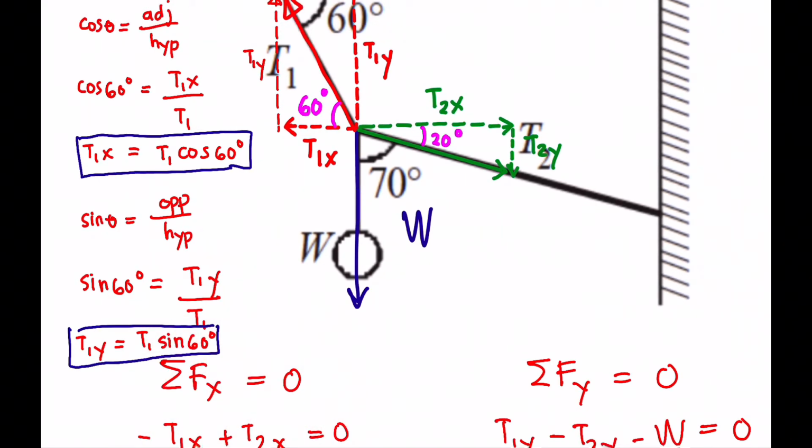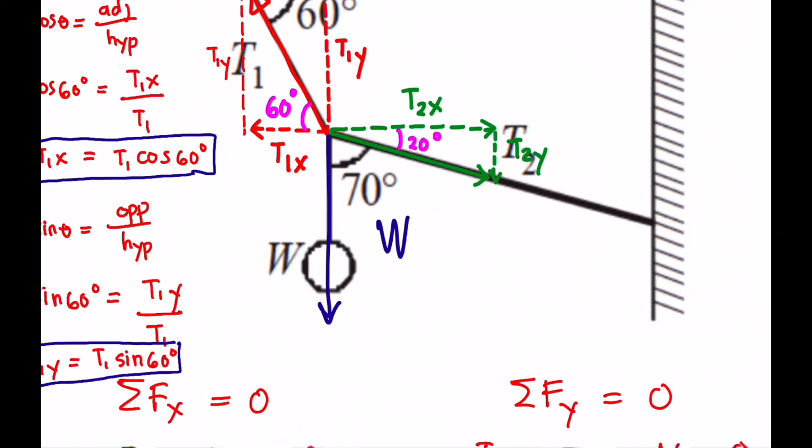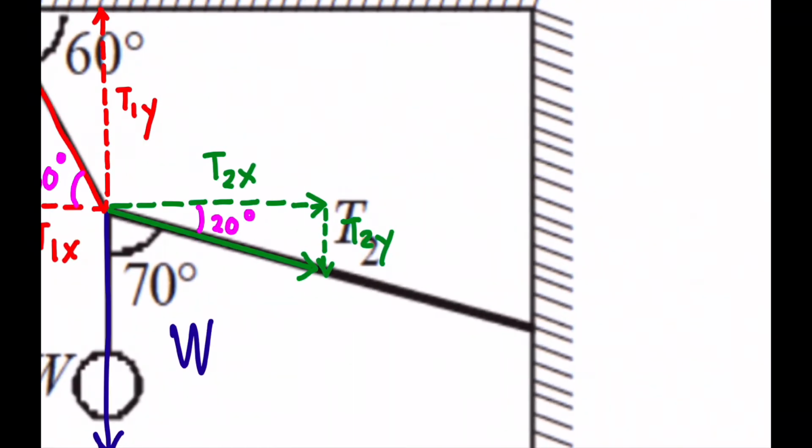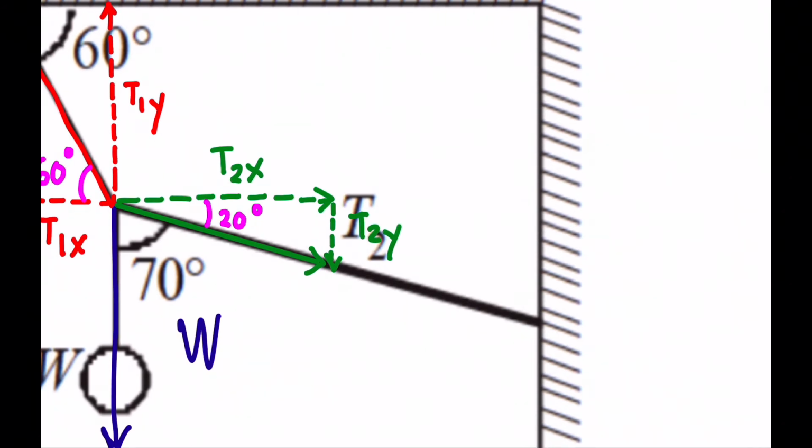Now, moving to the other side of the rope. So here we have our T2 with its components T2x and T2y. So if we are going to consider this angle here, 20 degrees, then we can say that our T2x is the side that is adjacent to this 20 degrees.